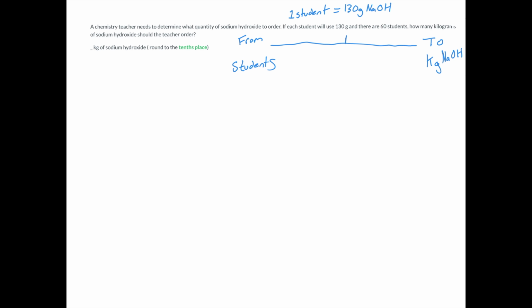So, that means I can go between one student and grams of sodium hydroxide, and then I can go between grams and kilograms of sodium hydroxide.